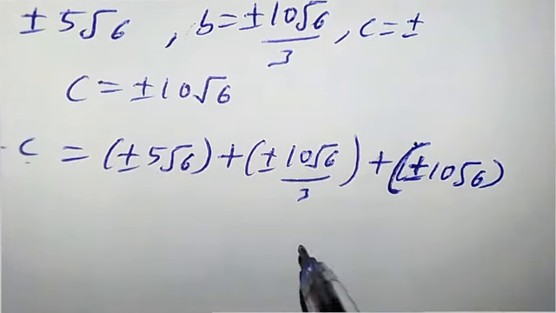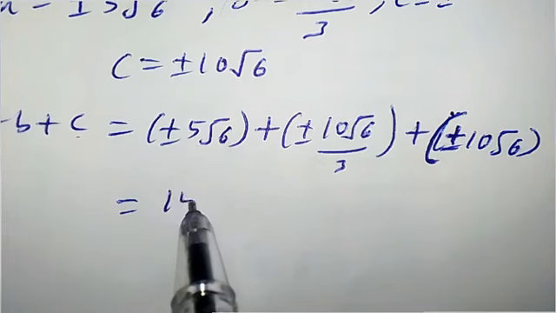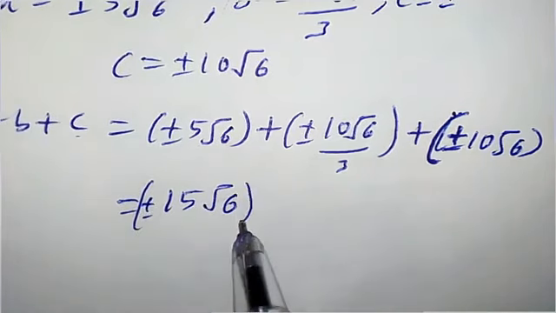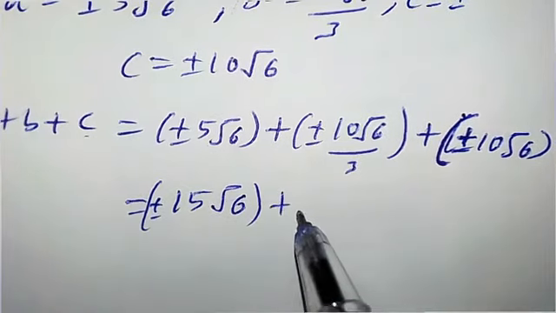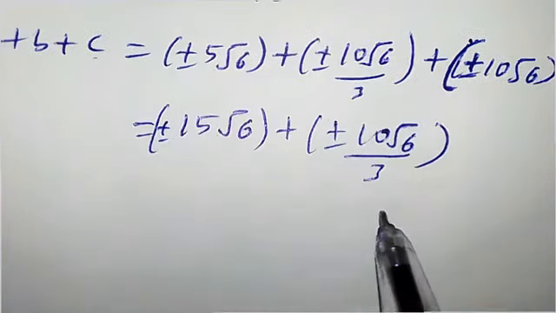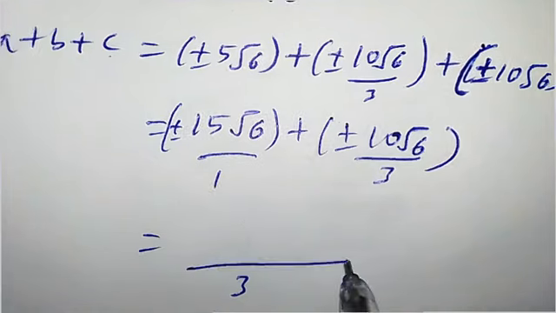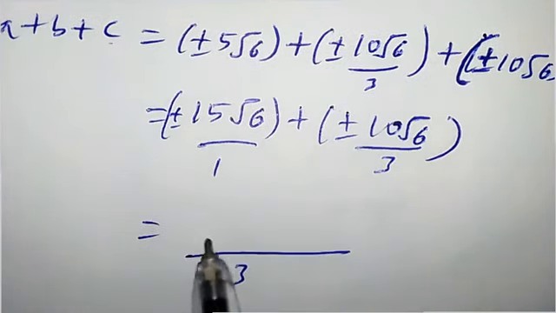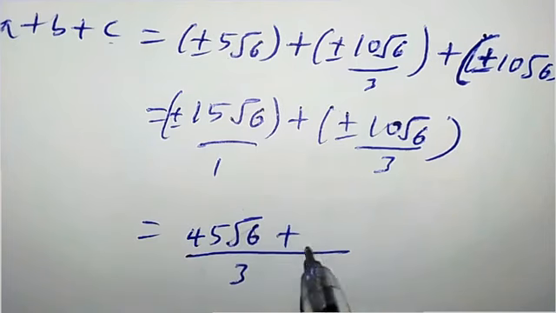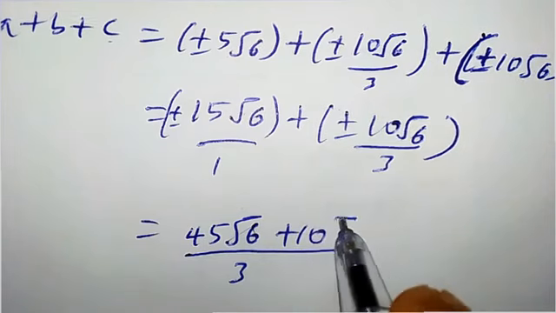So let's add these together. 5 root 6 plus 10 root 6, that is 15 root 6. Don't forget the plus or minus sign. Plus this, plus or minus 10 root 6 over 3. We can take the LCM. The LCM here is 3. So we're going to have 3 times 15, that is 45 root 6, plus 3 over 3, that is 1, 1 times 10 root 6, that is 10 root 6.